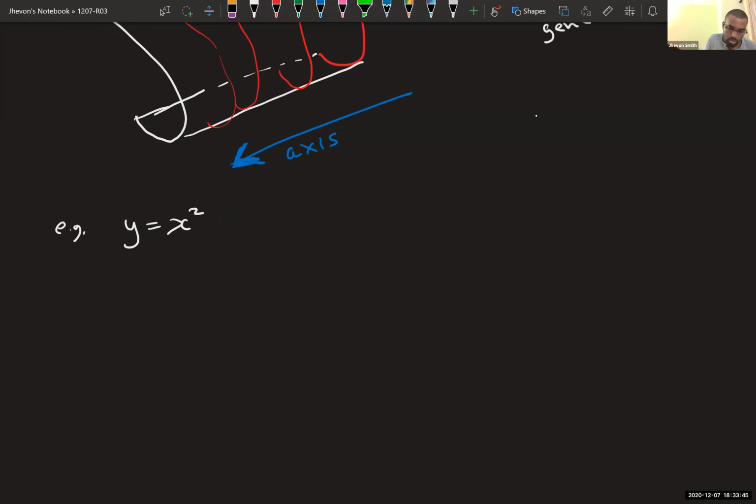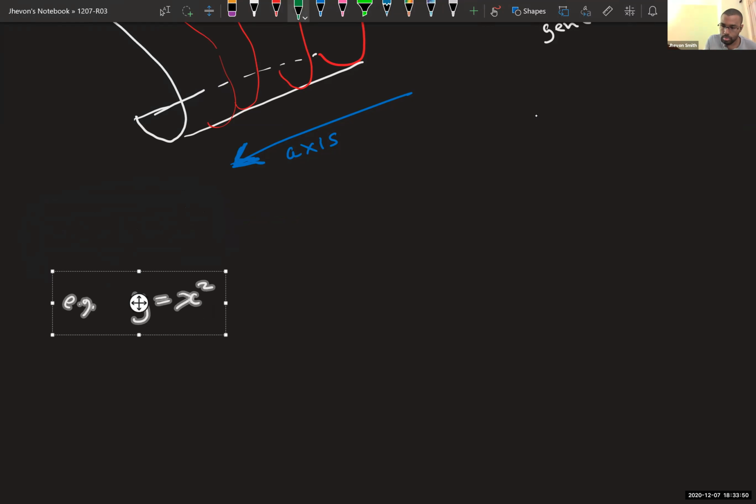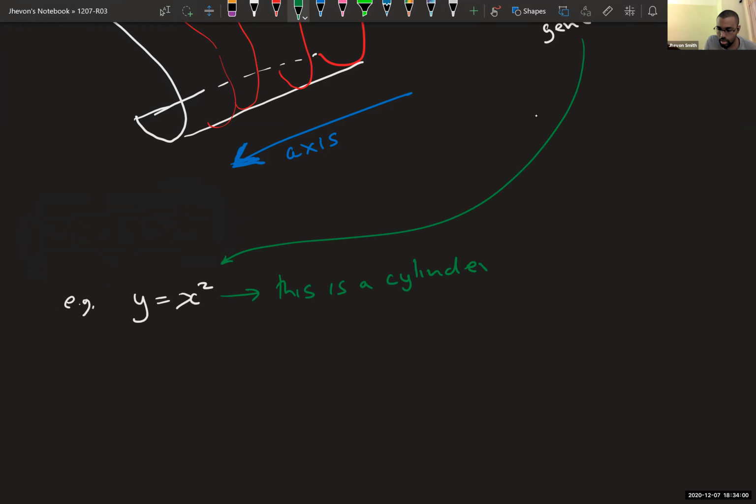This is a cylinder. Notice only two variables. Z is missing.